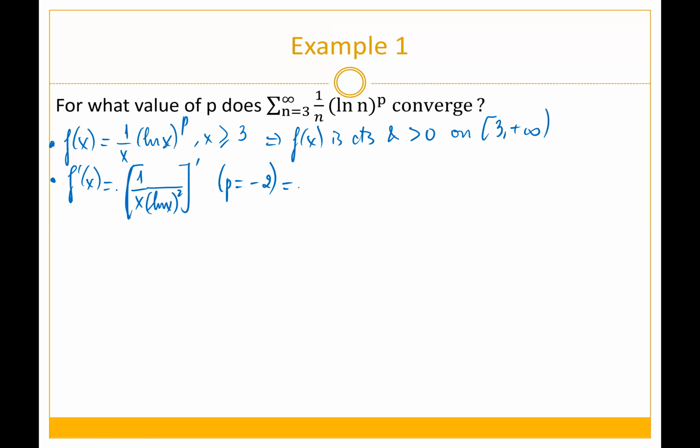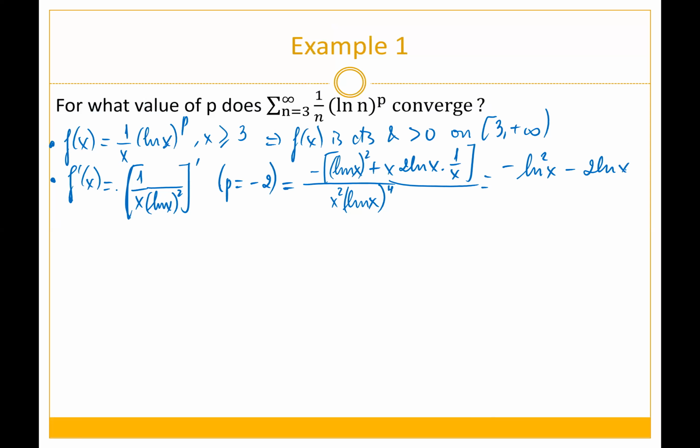So f prime of x is equal to the denominator x squared (ln x)^4, then we have negative the derivative of that, so it's going to be (ln x)^2 plus x times 2 ln x times 1 over x. So this one is equal to negative (ln x)^2 minus 2 ln x over x squared (ln x)^4.